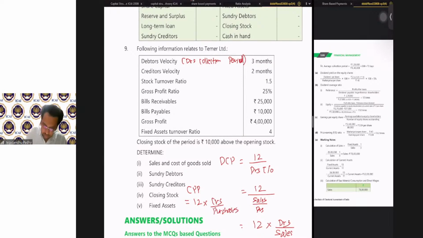But remember, debtors will include debtors as well as bills receivable, and creditors will include creditors plus bills payable.